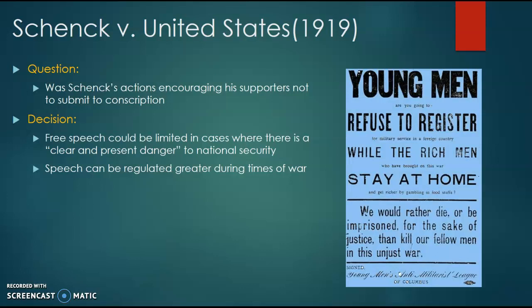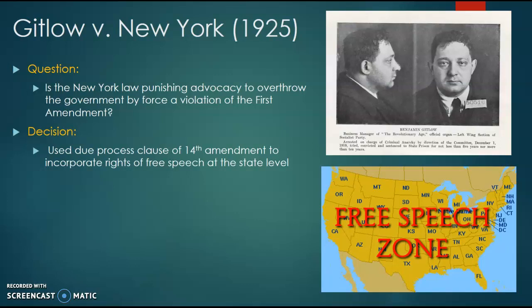And when that case is made in front of a court and the court buys that, then speech could be regulated, especially during times of war where the clear and present danger test may be a little bit lower. And so Shank was a case that defined limits of freedom of speech and becomes the foundation for other cases dealing with speech later on.